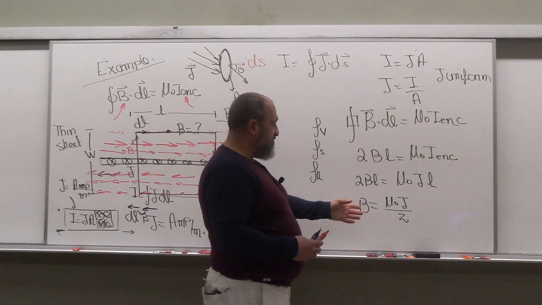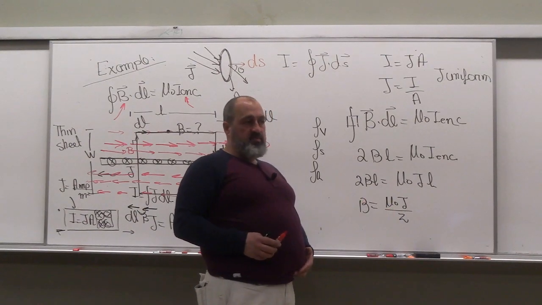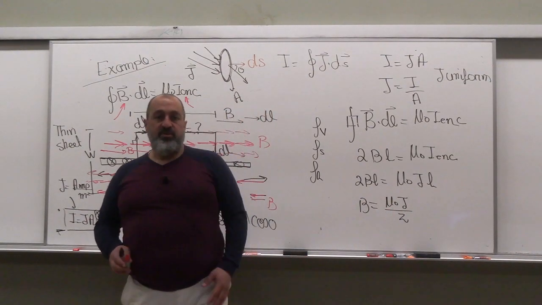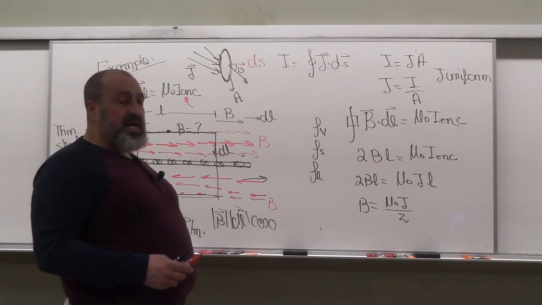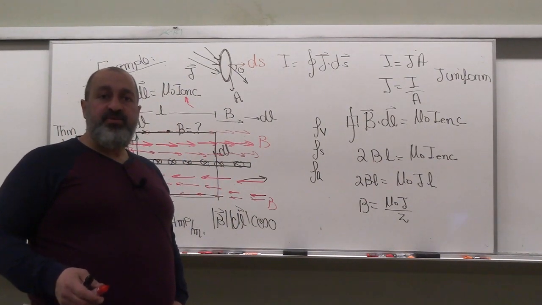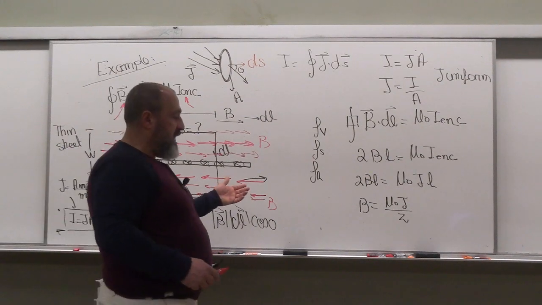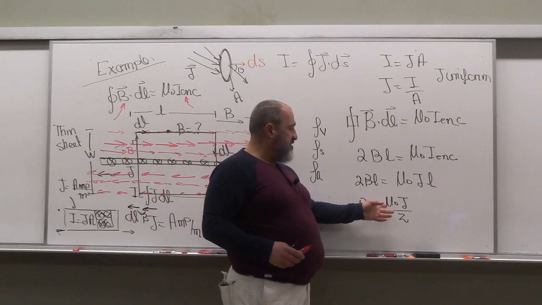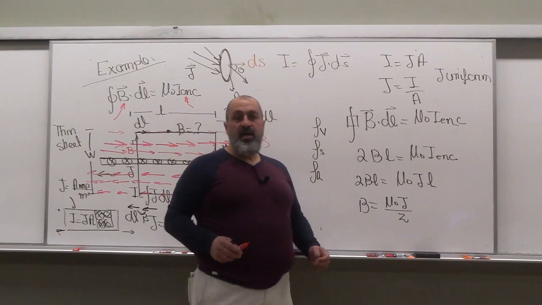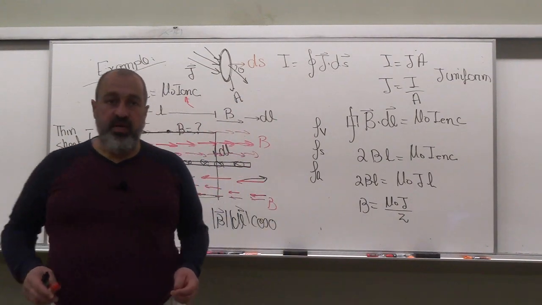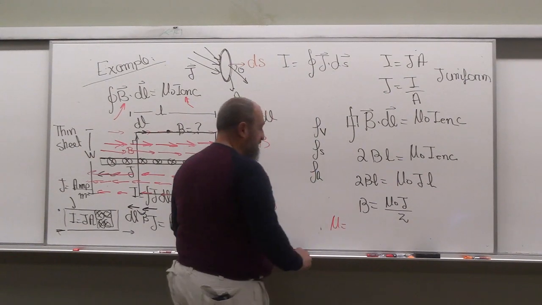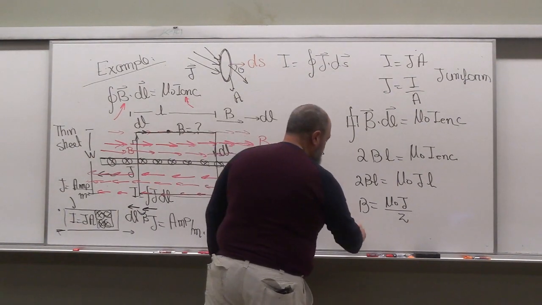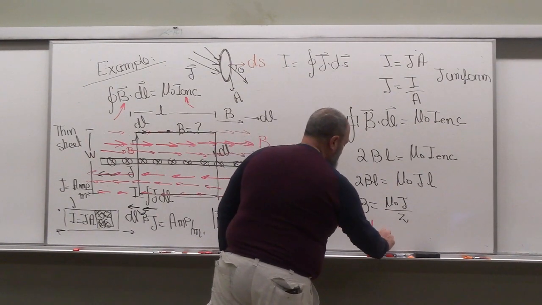Now, magnetic materials, just like with dielectrics, we have magnetic materials, mu. When we were talking about dielectrics, we replaced epsilon naught with epsilon. The same thing happens here. When you have magnetic materials, you're going to have to replace mu naught with mu.